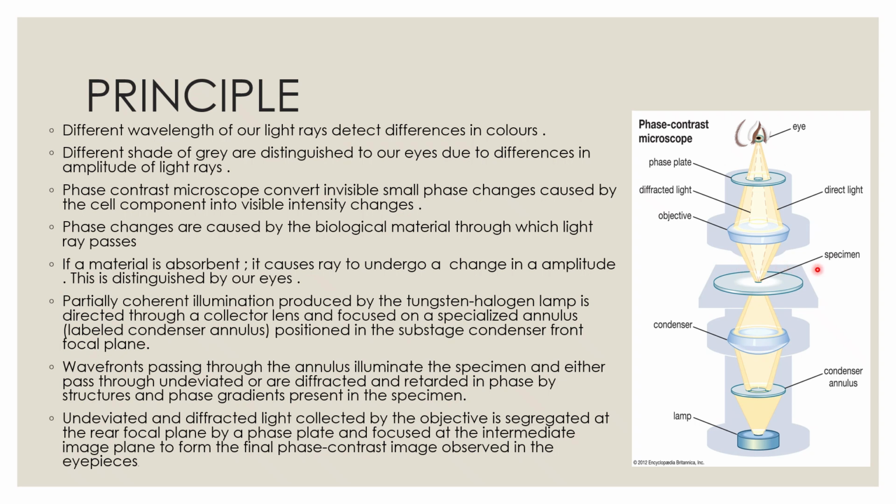We call it undeviated because this light passes straight through the specimen without being scattered or altered. It essentially acts as the background light in the final image. It passes through the slide, it is not deviated, and it acts as background light, so that is called undeviated light.